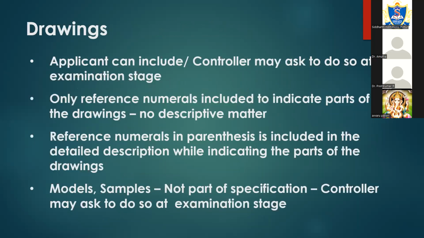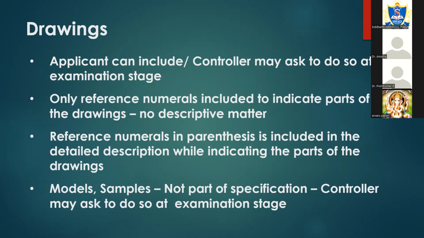And the next important thing is drawings. Drawings are important because your invention is visually viewed using these drawings, right? So it will help the controller to speed up their review. There are some restrictions on how to include the drawings.